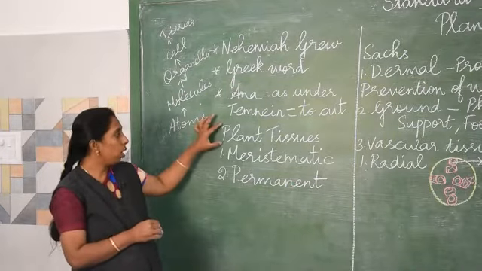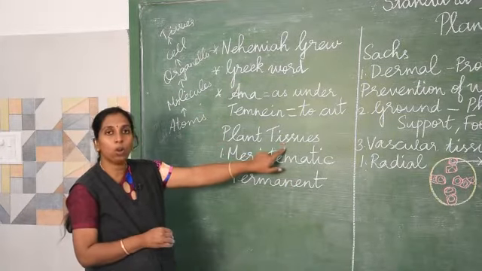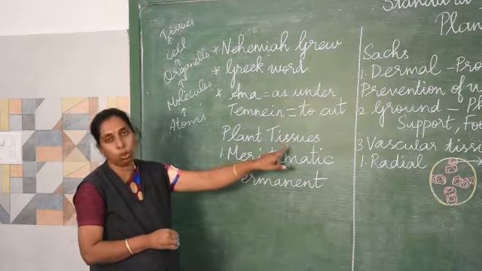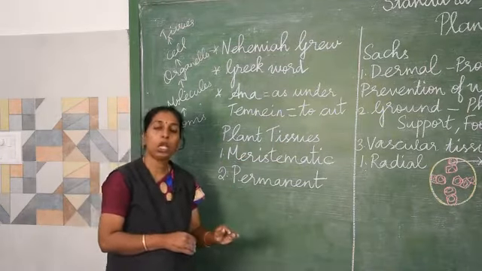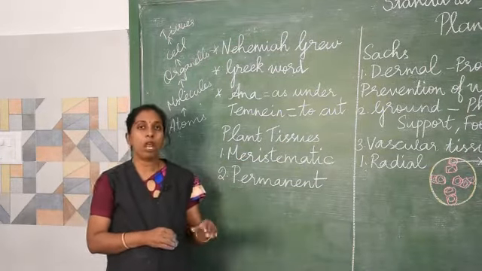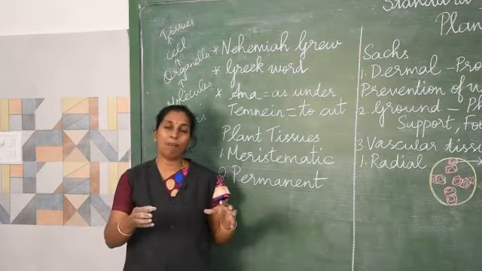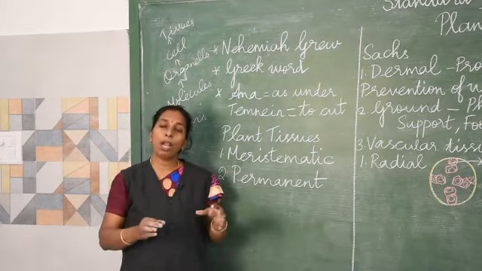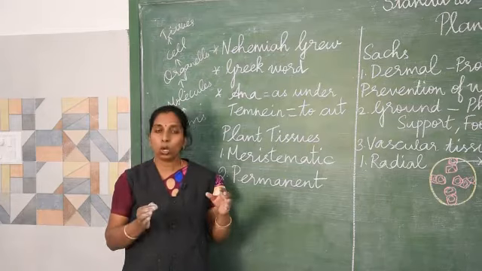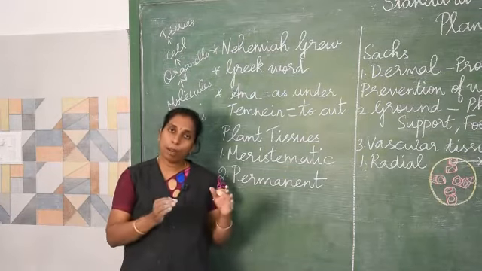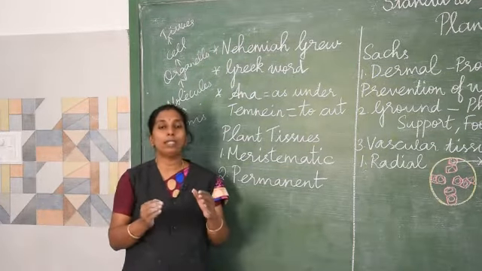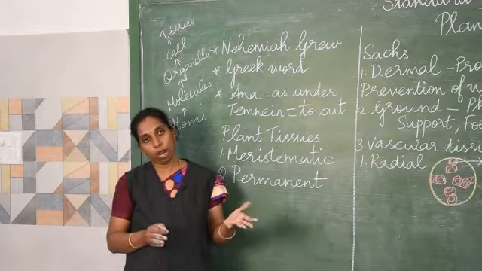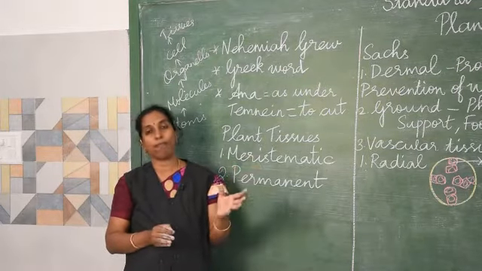Here, plant tissues. Already I told you what a tissue is. A group of cells which may be similar or dissimilar. Similar means the same type. Dissimilar means a different type. Their origin can also be of different types.